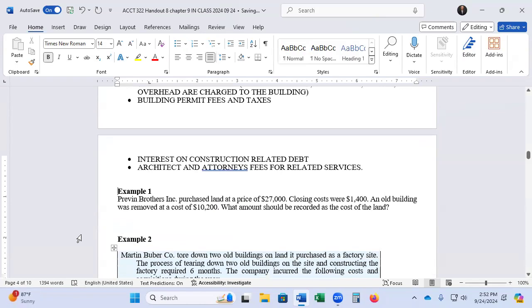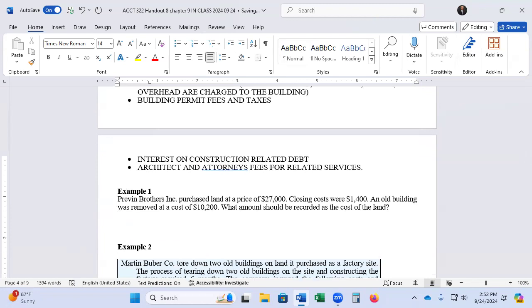Okay. Any questions before we jump into example one? Previn Brothers purchased land at a price of $27,000. So we have the purchase price equals $27,000. Closing costs of $1,400.